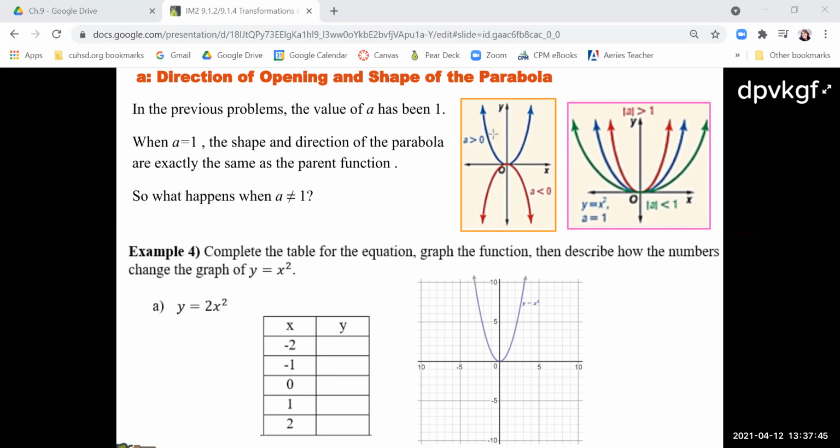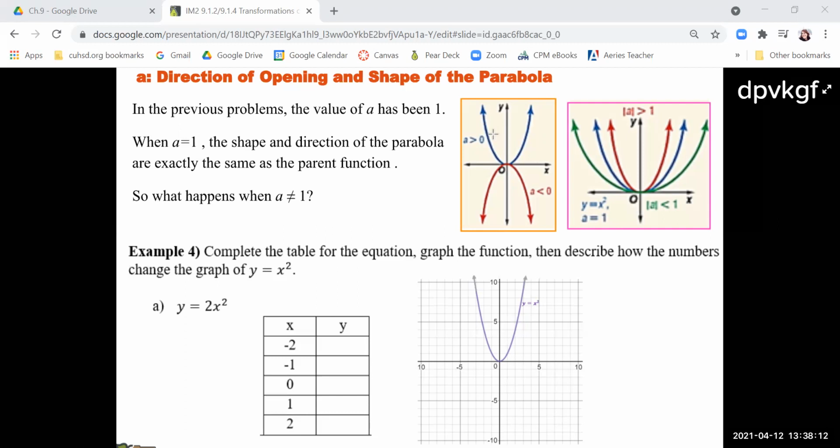Another thing that happens is when we change A from being a 1 to being something else. So if the absolute value of A, so we don't worry about positive or negative, the negative would just flip it upside down. But if A is greater than 1, like A is 2 or 3 or 4, it actually makes our graph steeper. It will make it grow faster. The parent function has a certain size, and it will grow faster than that.